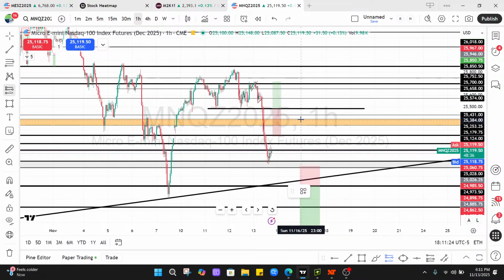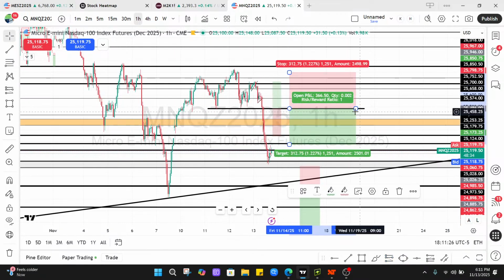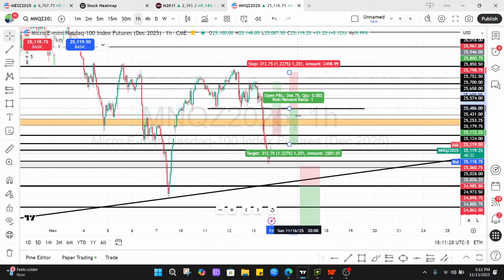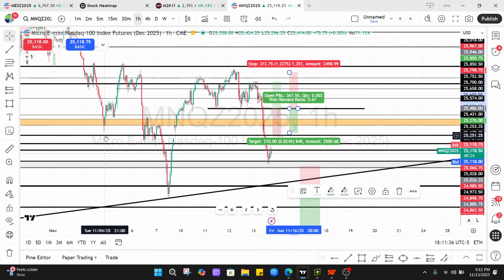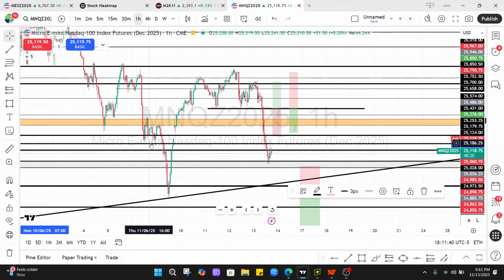Now, a target of that zone would probably be right here or right here.